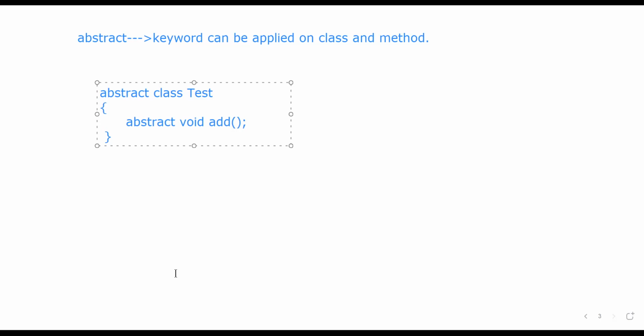Take down the next point. We can create a reference of an abstract class. Next point you write down.